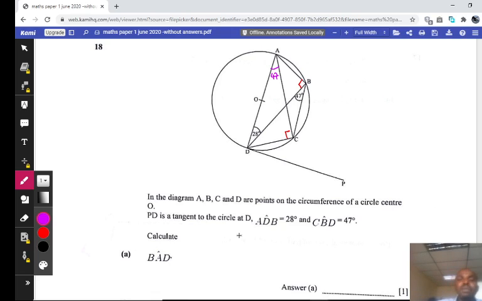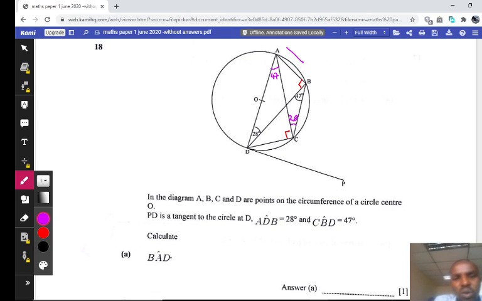or you can say angles subtended by the same arc, they are the same. The same rule applies to this one, 28, and this one. This one is also 28 degrees. The same reason, considering this chord AB here, you can see that this angle 28, they are formed from the same chord. Then, which angle can we be able to find also? Because you can just find all the angles, because it's easier this way.